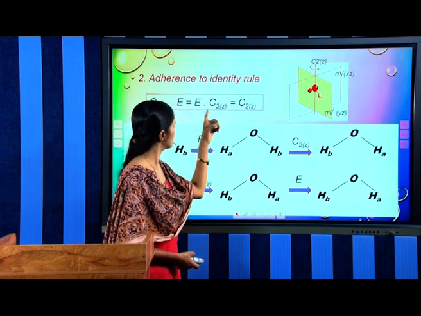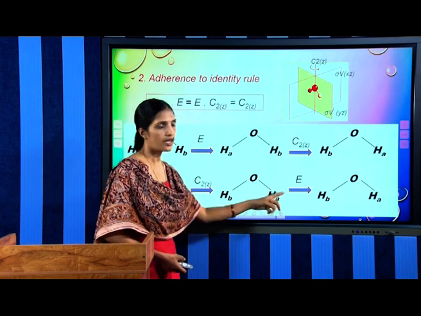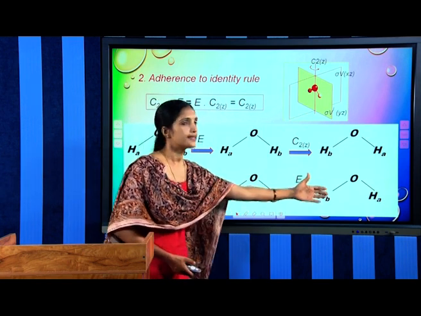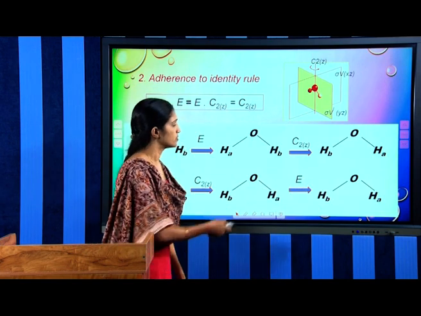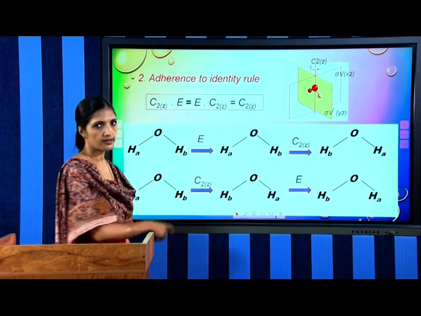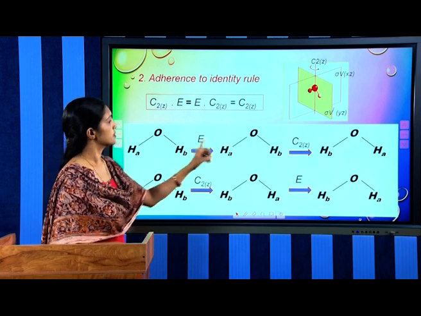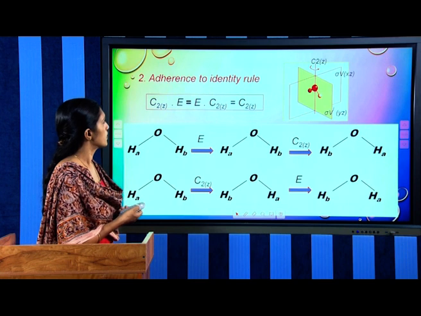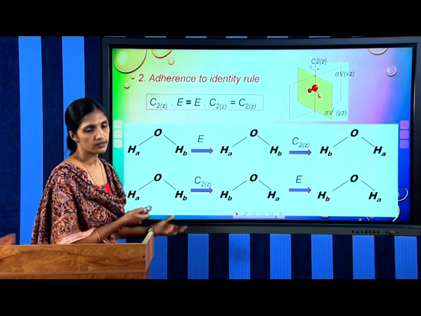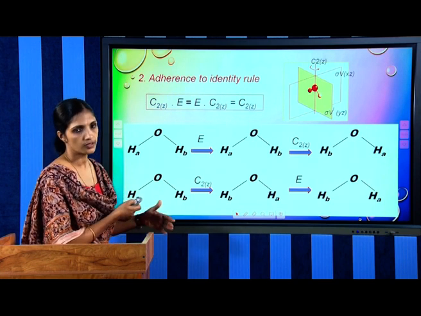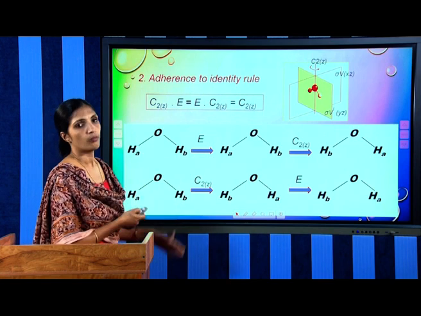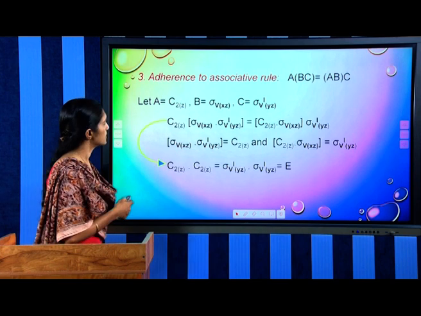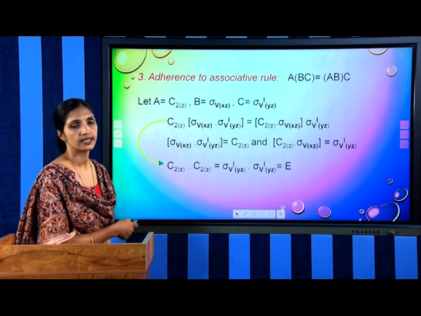After that we have to perform what? E, or the identity operation, so that the molecule again retains its configuration. So, the two configurations are similar. It is the result of C2z only. So, the elements of the water molecule do obey what? Identity rule.